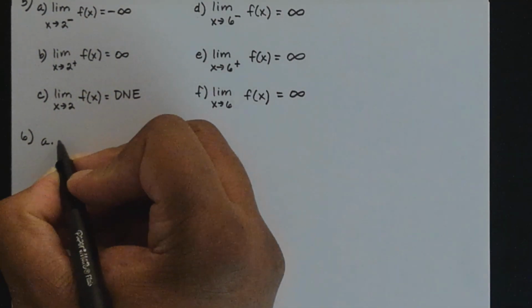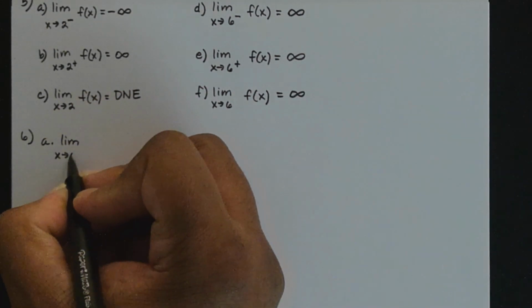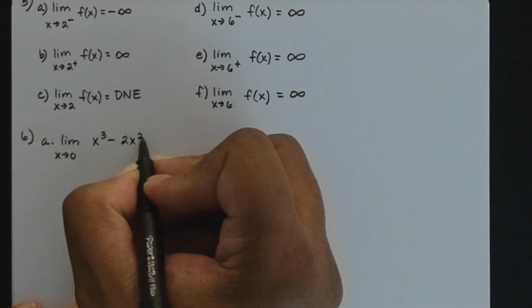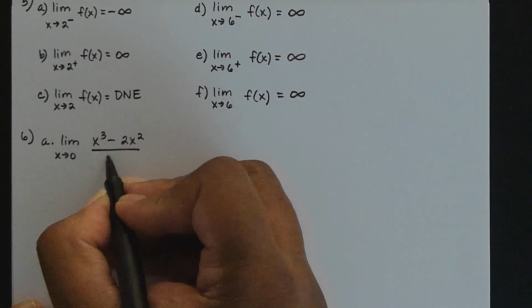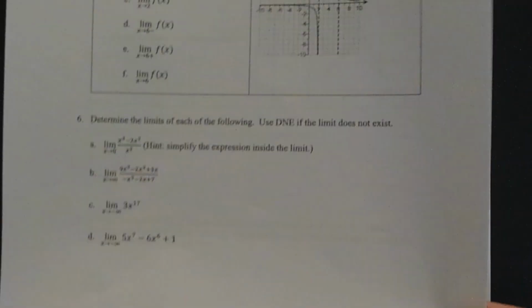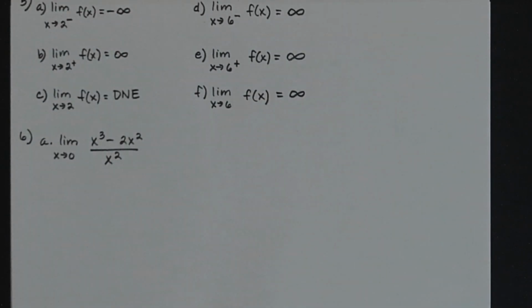So let's start with part A, finding the limit as x approaches 0 of x cubed minus 2x squared divided by x squared. They give you a hint to simplify the expression inside the limit, and we might need to use does not exist, or DNE, if that limit doesn't exist.